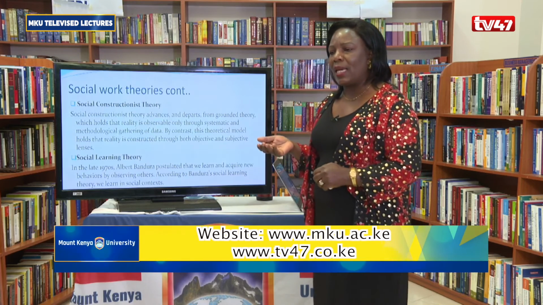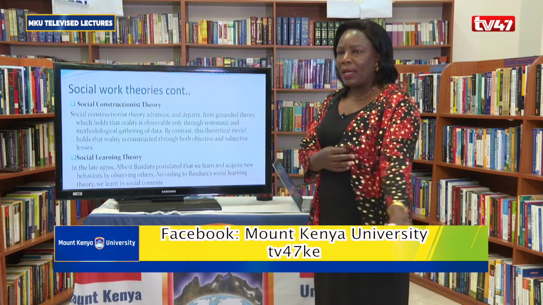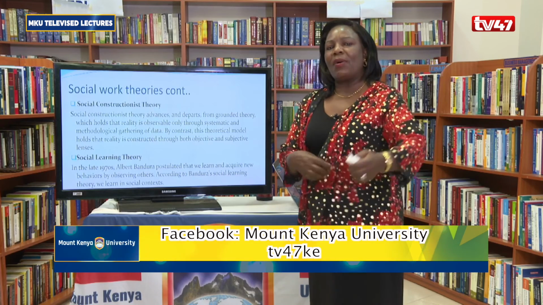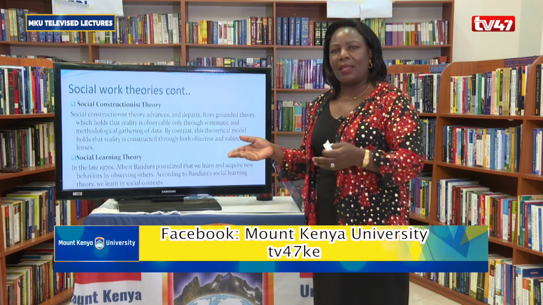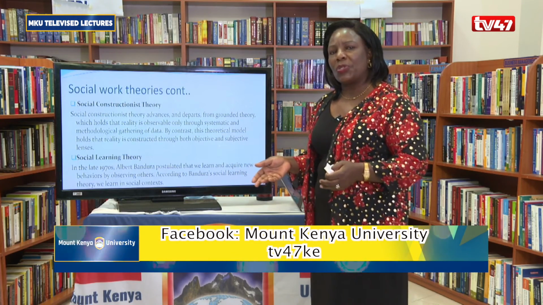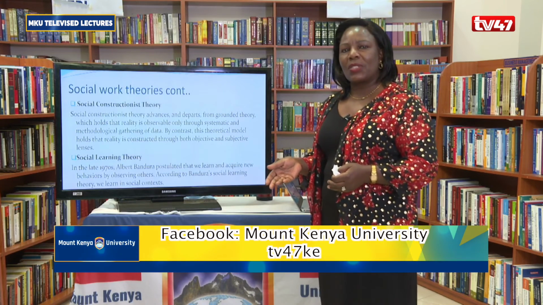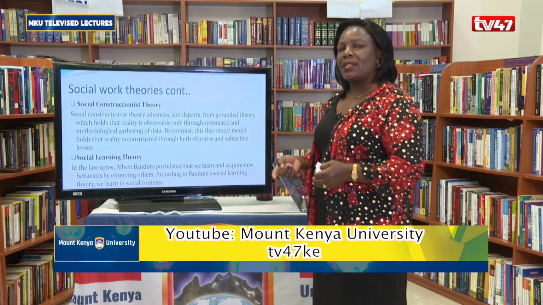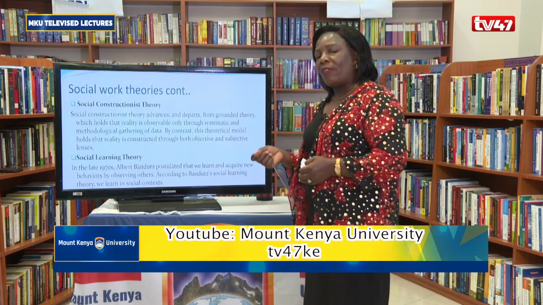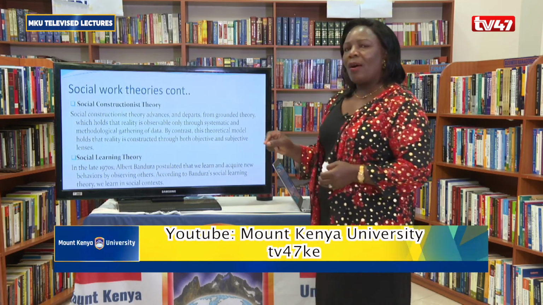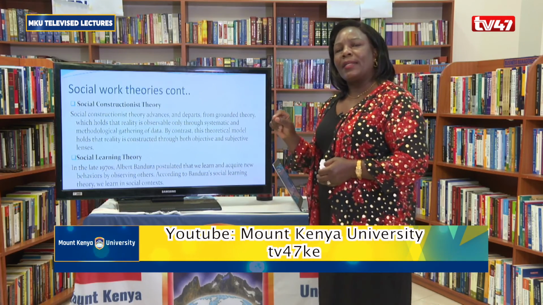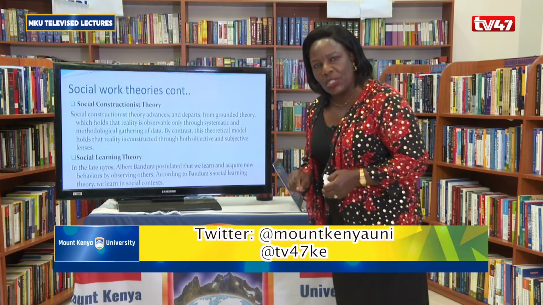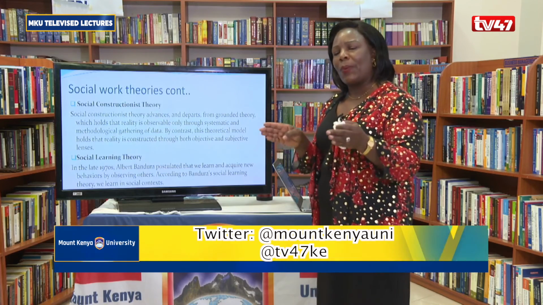They base it by saying that you will not take a human being to the lab, dissect them and see how they are thinking, and then patch them up again, and then the person starts walking. We are not going to do that. Definitely, it will not be ethical. But as social scientists, we have a way of coming up with objective data, objective information, to actually say this is how people behave.